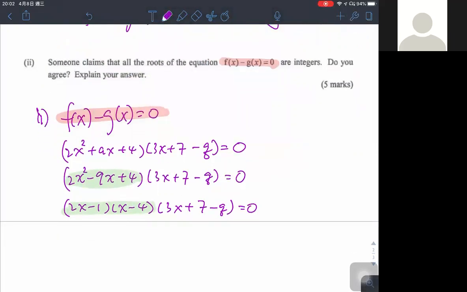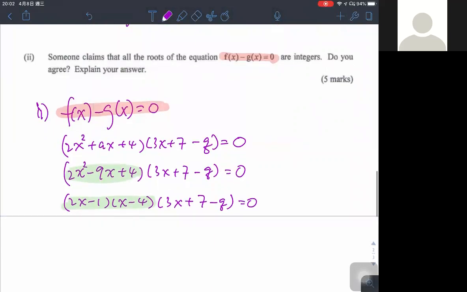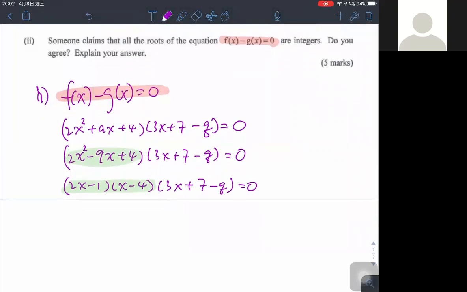So now, how can we solve for x? The key step for solving the equation is that I have three terms whose product equals 0. Okay, so I can have the first one, 2x minus 1 is 0, so x is 1 over 2, or x is 4, okay?